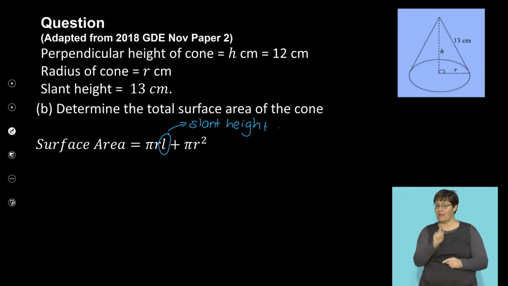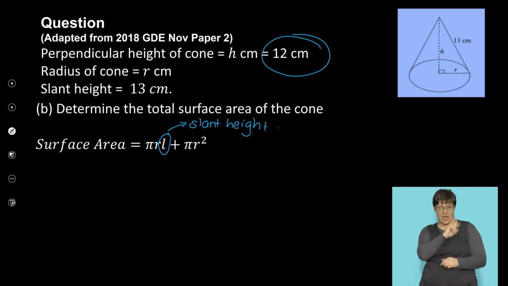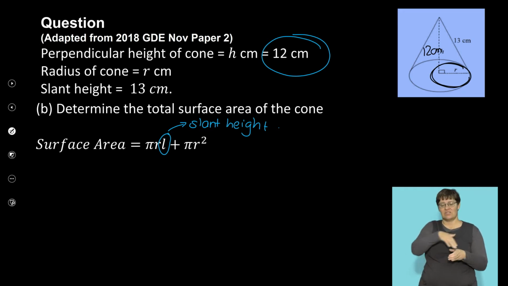But please note that it's now being given that the perpendicular height of the cone is 12 centimeters. So this is particularly helpful because now with this being 12 centimeters, I can actually do Pythagoras to work out what my r is, as I do need my r to fill into my surface area formula.